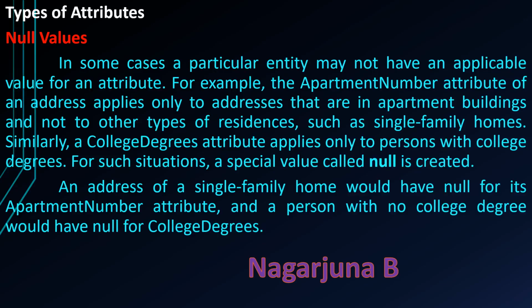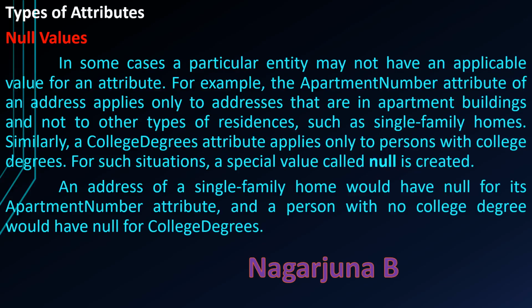The null value can also be used if we do not know the value of an attribute for a particular entity. For example, if we do not know the home phone number of Sachin Tendulkar, in that case we can give a null value for his home phone number.